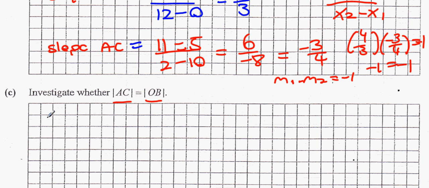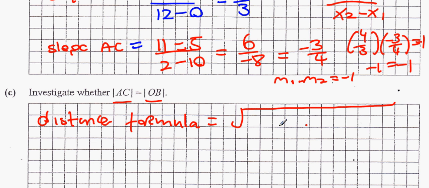Once again, you're going to go to your book and look up the distance formula. The distance formula is the square root of x2 minus x1 squared plus y2 minus y1 squared.